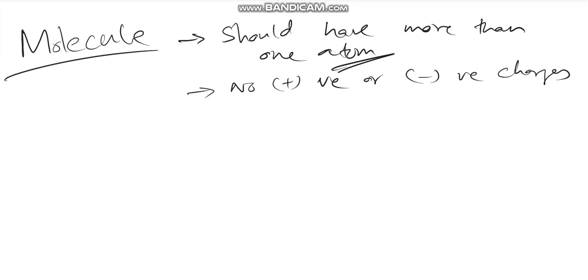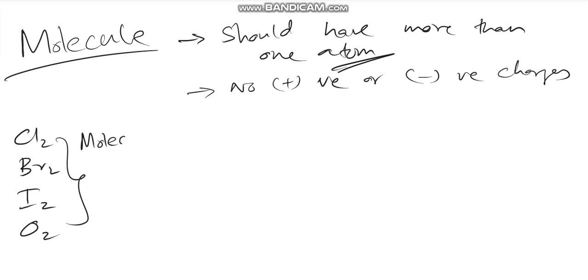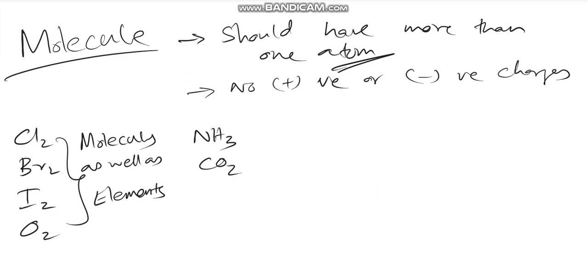For example, if you take chlorine, bromine, iodine, oxygen, these are molecules as well as elements because they are made of similar atoms. Then what about ammonia, carbon dioxide, H2O, CCl4?